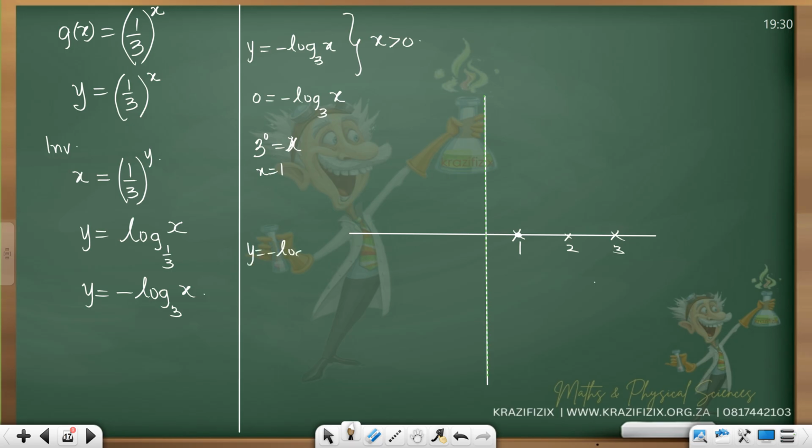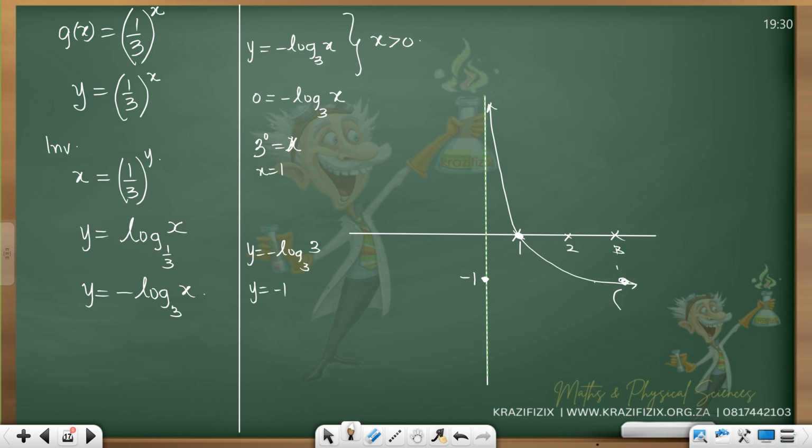Be smart about it. If I put a 3 there, it's easy. Your calculator will give you negative 1. Oh, so when my x is 3, my y is negative 1. Can you see your shape already? See the shape of the graph? And it must not touch the y-axis. And we are done there. You just need to make sure it's kind of just cool.